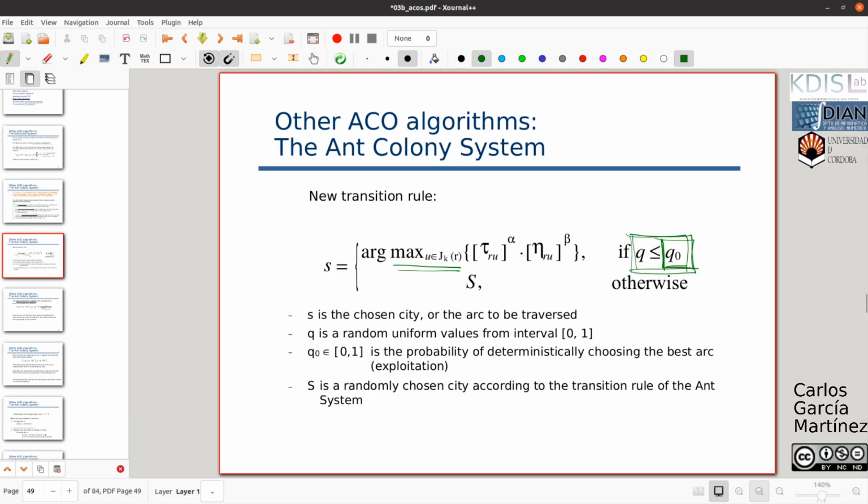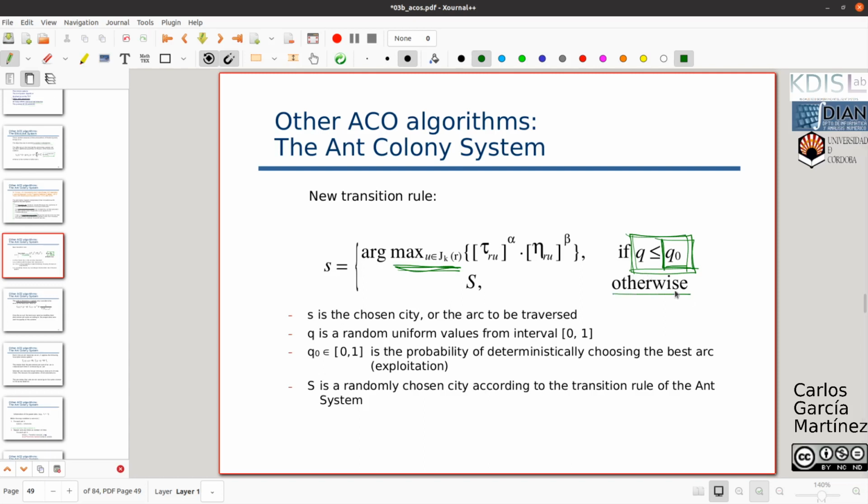This decision is really probabilistic, but after this random decision, the choice is not stochastic. They choose the best option.